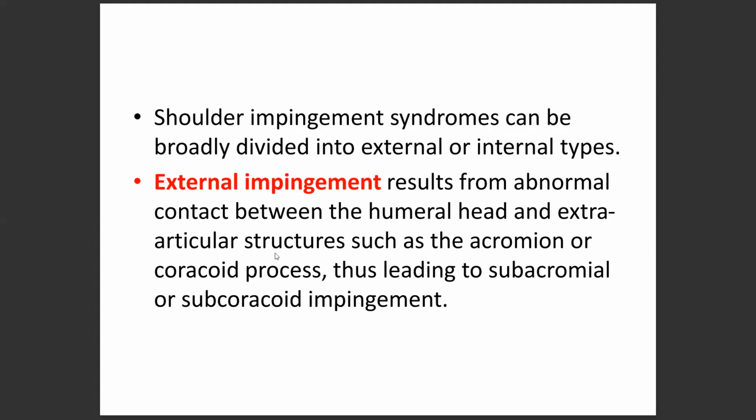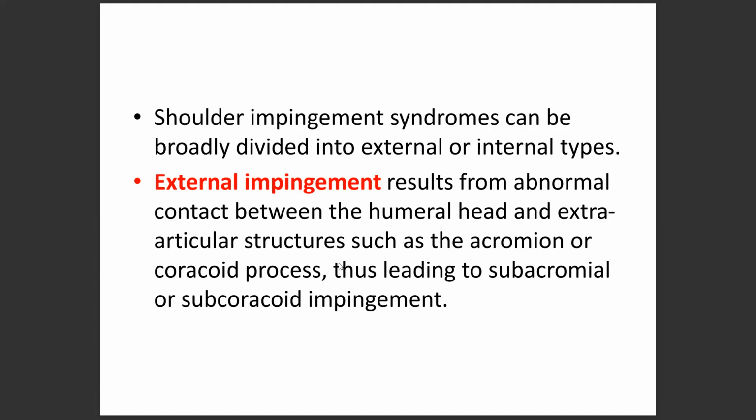It's very important which osseous structures are involved. Here it is the humeral head, which is the superior surface of the humeral head, and above that is the acromion, or the coracoid process just below that.